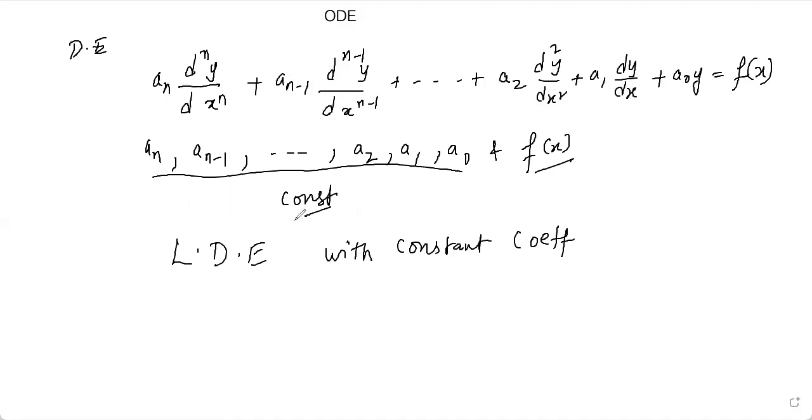You are saying these are the constant coefficients: a_n, a_(n-1), a2, a1, a naught are the constant coefficients.